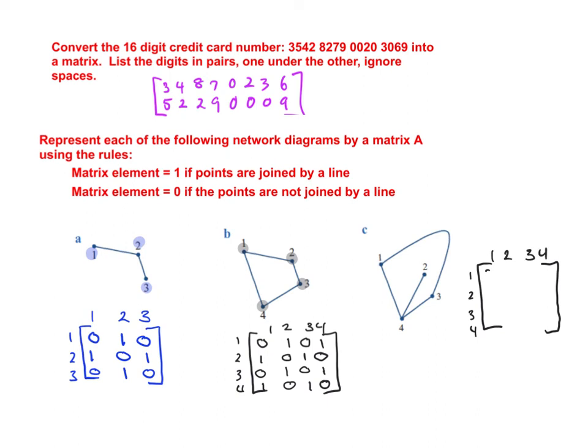And no between 1 and 1, 1 and 2 no, 1 and 3 yes, and 1 and 4 yes, 2 and 1 no, 2 and 2 no, 2 and 3 no, 2 and 4 yes, 3 and 1 yes, 3 and 2 no, 3 and 3 no, 3 and 4 yes, 4 and 1 yes, 4 and 2 yes, 4 and 3 yes, and no 4 and 4. So there you go. That one is a 4 by 4.